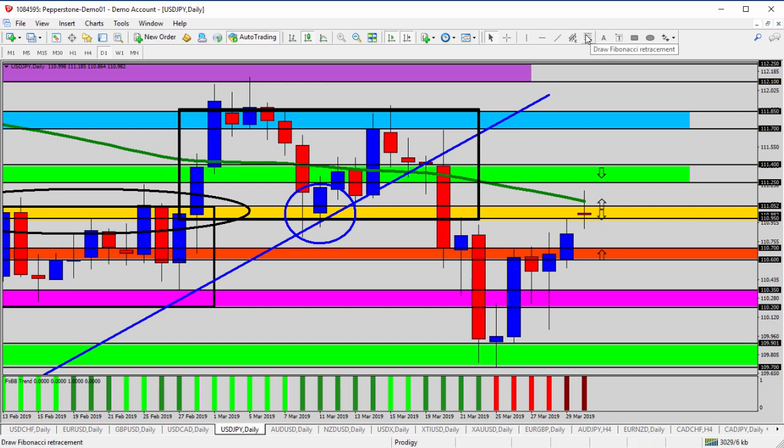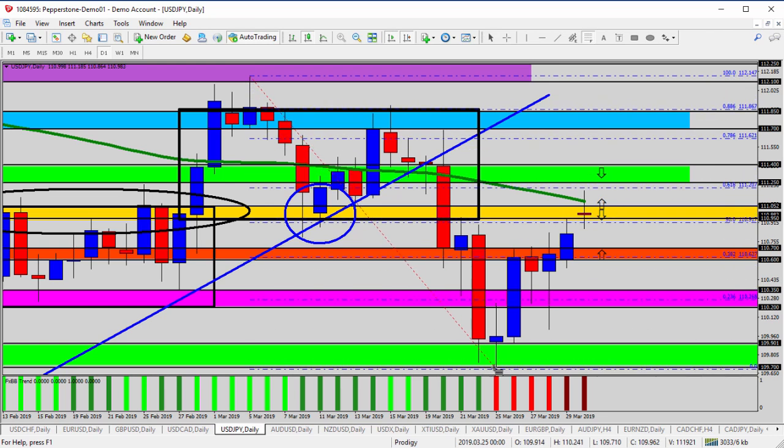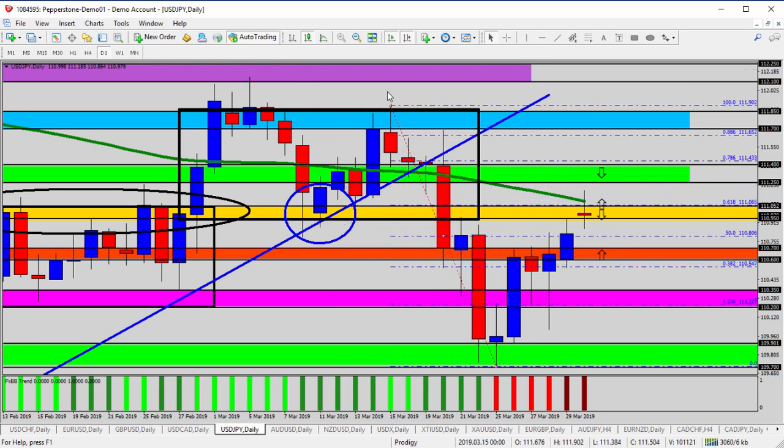Let's do one other thing. Let's take Fibonacci, highest high to the current low. Highest high on the chart, current lowest low. We find the 618 sitting at 111.20, 50% just under the yellow zone. So we know that we're reaching into resistance as well based on Fibonacci. I could take that fib a little bit tighter and bring it down to that high right there.